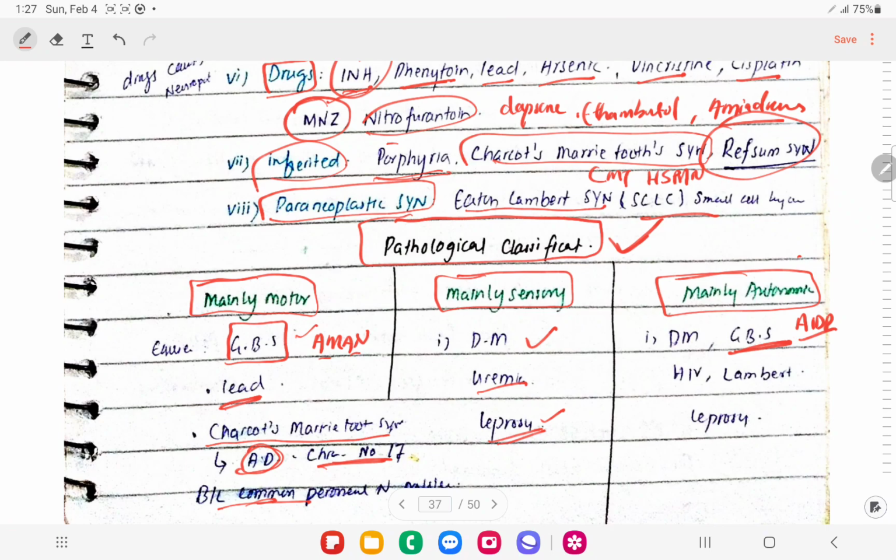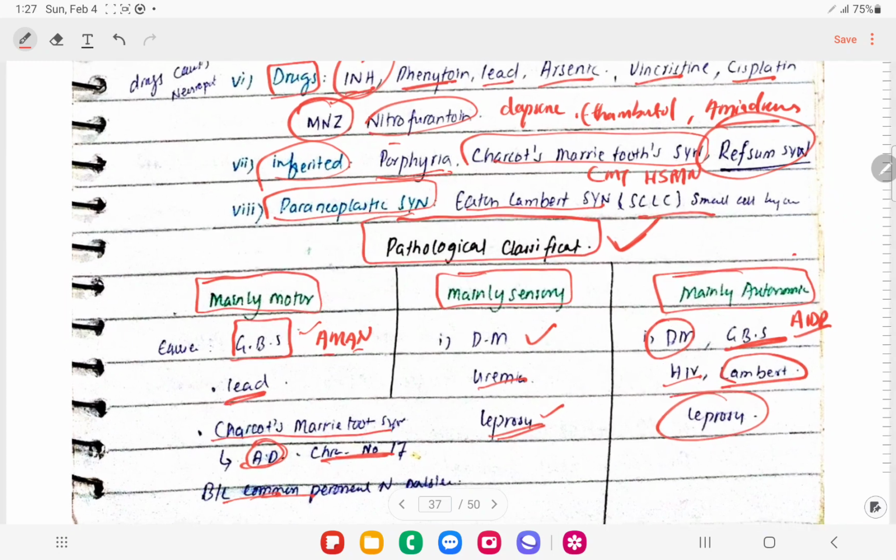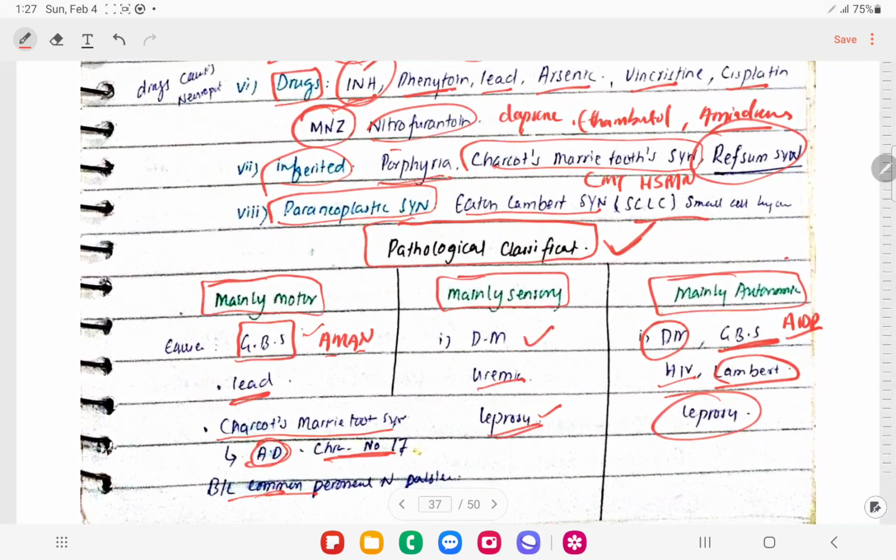One of the important ones is AIDP, in which we're going to see the motor, sensory, and autonomic nerves involved in these patients. Along with that, diabetes, HIV, Lambert-Eaton syndrome, and leprosy, right? So these are the causes of autonomic insufficiency in patients, right?